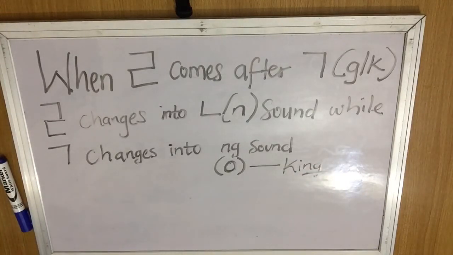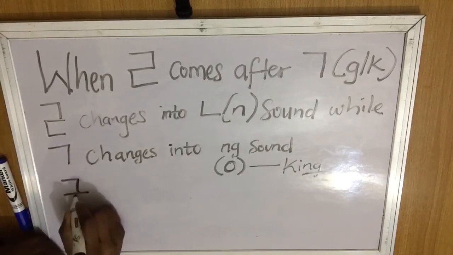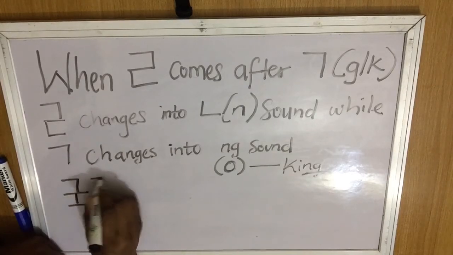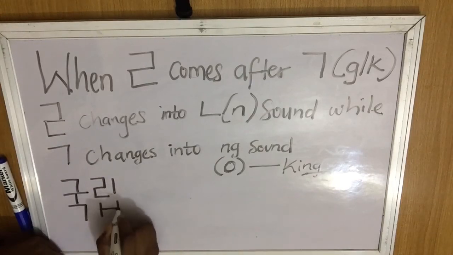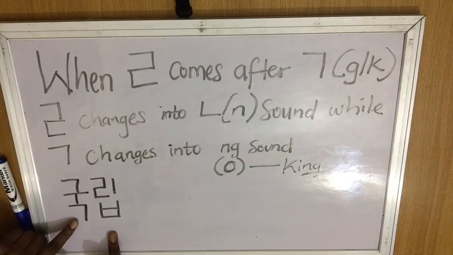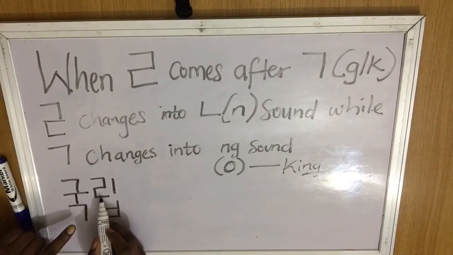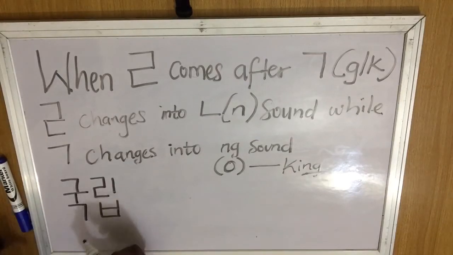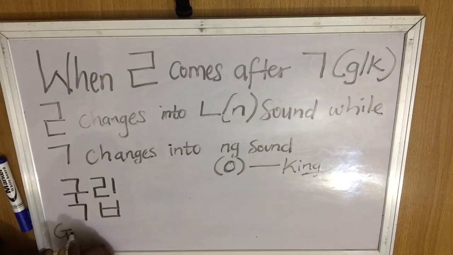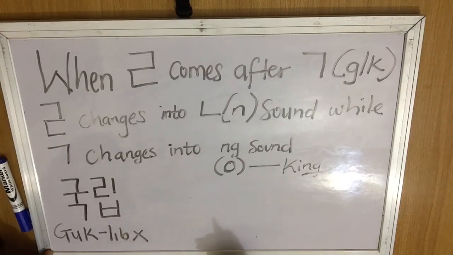Alright. So let's look at one example. This. As you guys can see, G and L stroke R or gyok, lir are following each other. So some people might pronounce this as guk lib, which is wrong, or they will pronounce it as guk rib, which is wrong.